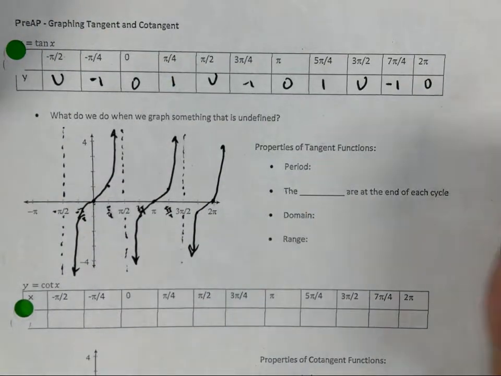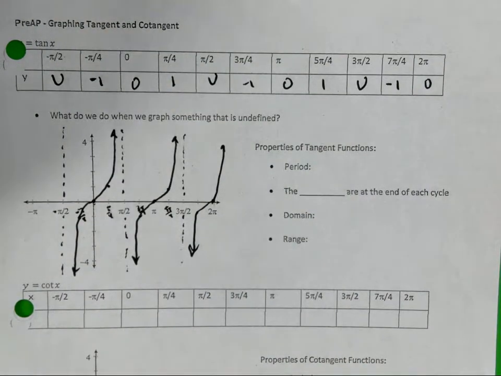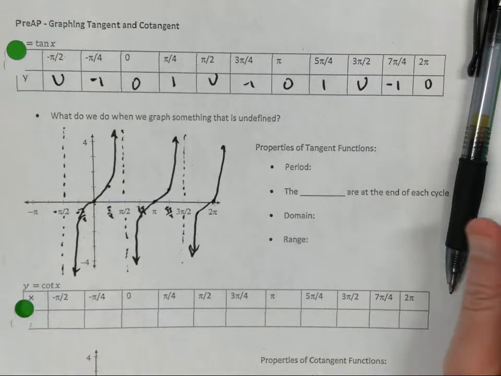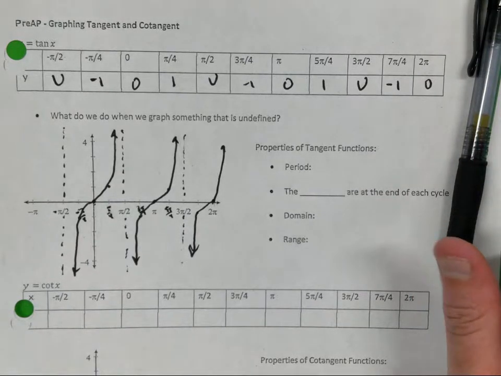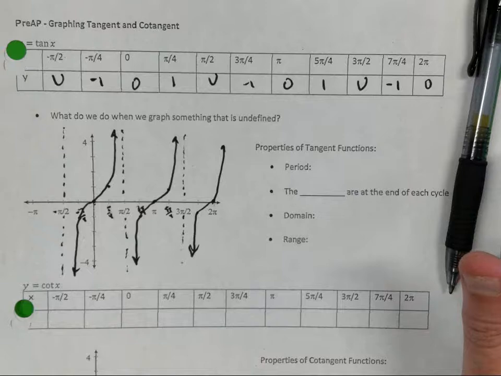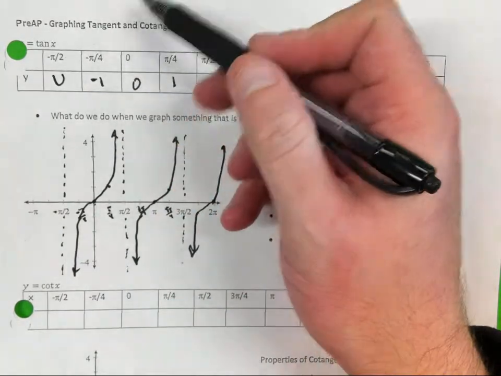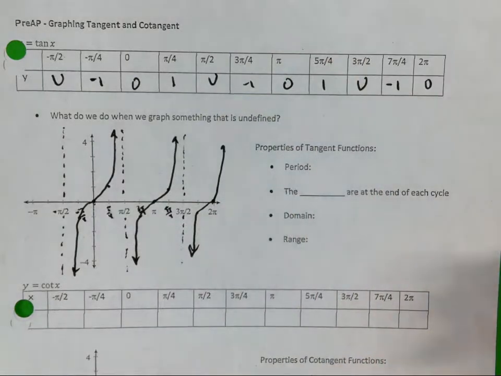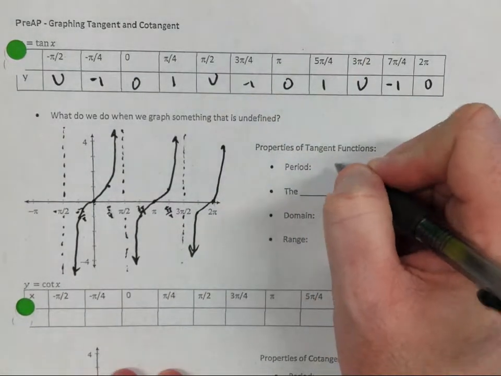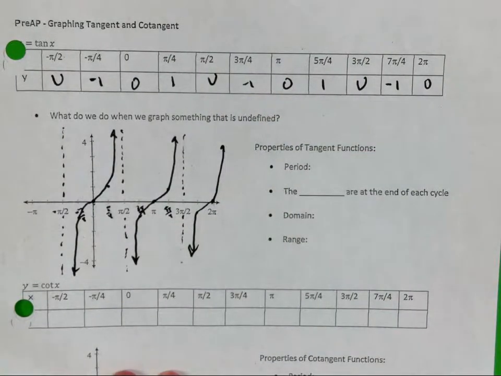So, in order to graph tangent, in sine and cosine, you had to have an amplitude and period to graph. In tangent and cotangent, you're going to have a period and asymptotes. You don't really have amplitude, because these graphs keep going, don't they? Okay. So, the period, what was our period for a parent function for sine and cosine? 2 pi.